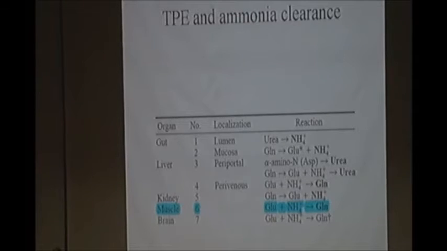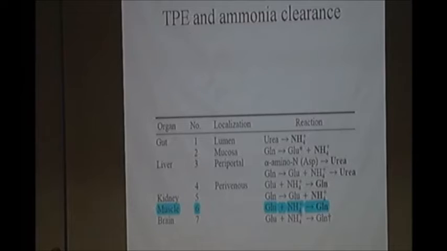So how does plasma exchange then help in ammonia clearance? It is probably by clearance of glutamine, where muscle will clear ammonia by glutamine synthesis, and this glutamine will be cleared up by therapeutic plasma exchange, ultimately leading to clearance of ammonia.